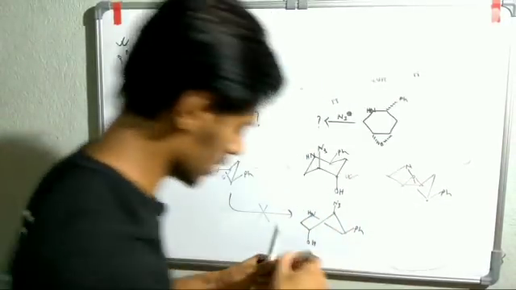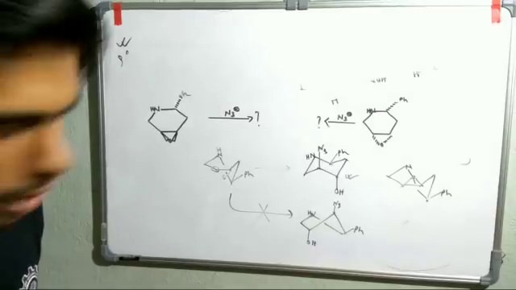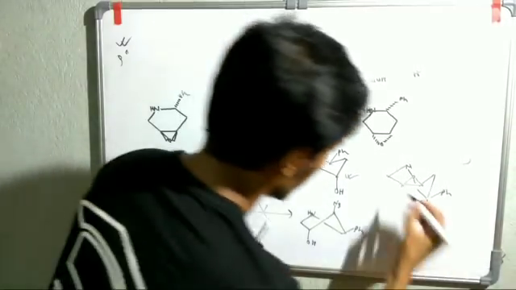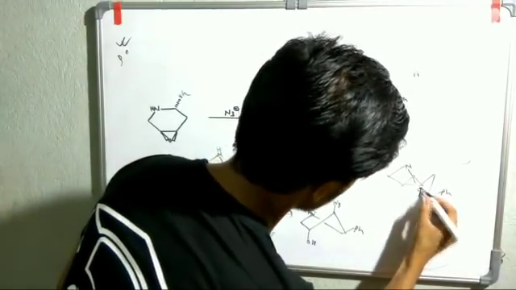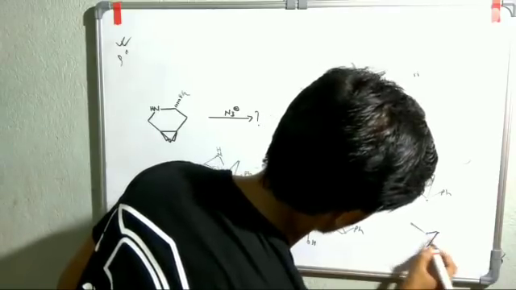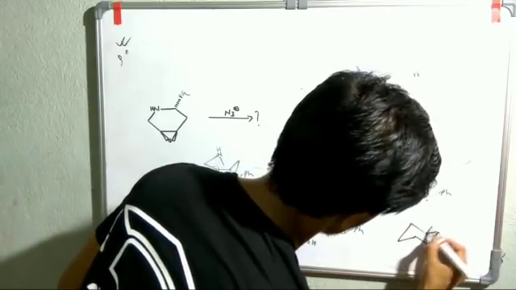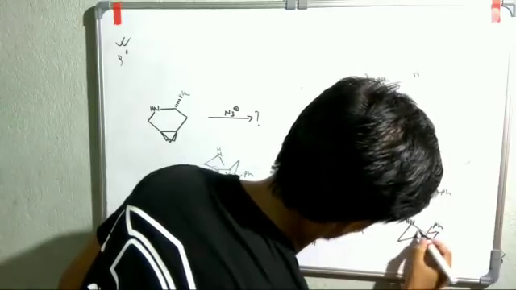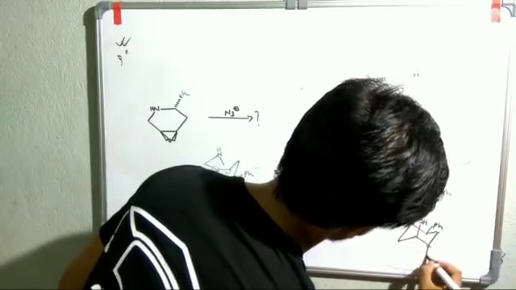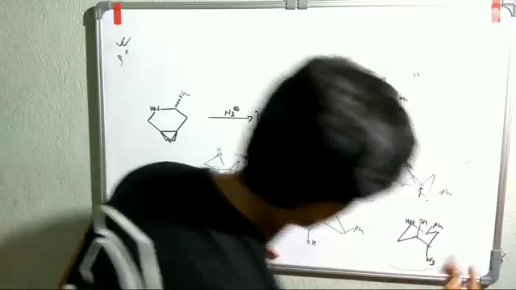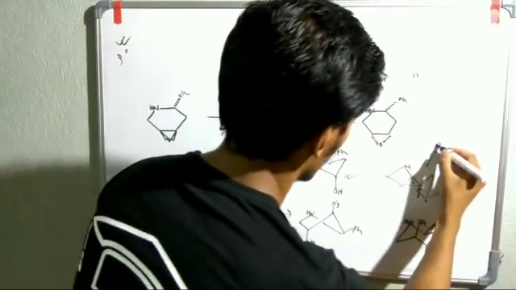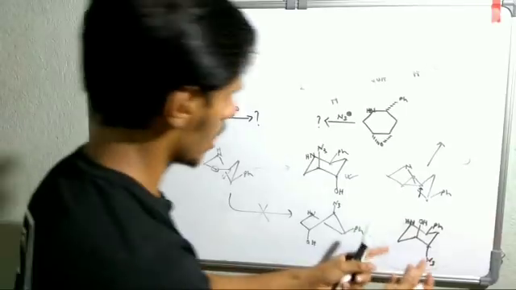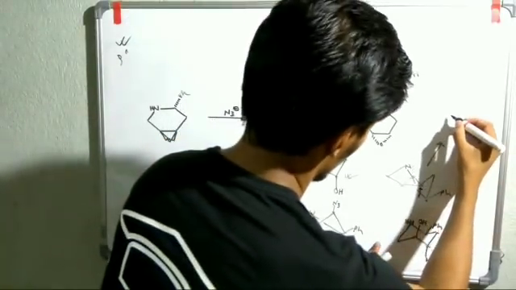So now you can see in this particular case, if attack takes place on this particular carbon atom, you will get the chair form product. So here you have the phenyl, here you have the NH, and basically the epoxide is here. So you are getting this N3 here. So this gives you the chair form product.